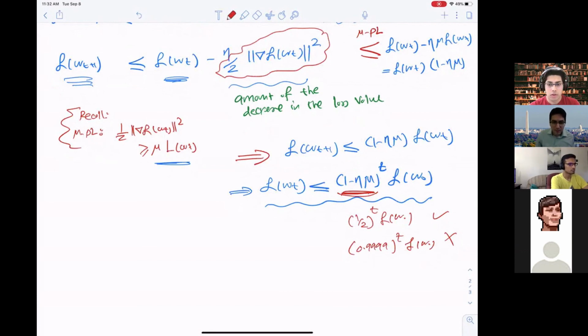Okay, so when eta is high, the learning rate is high, you cannot even prove the convergence in the convex case, right? Because if your learning rate is high, you may be jumping around your optimum. So that's a sensible assumption to have here. Okay, so let me move on.